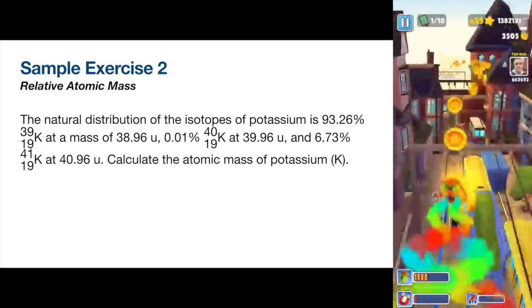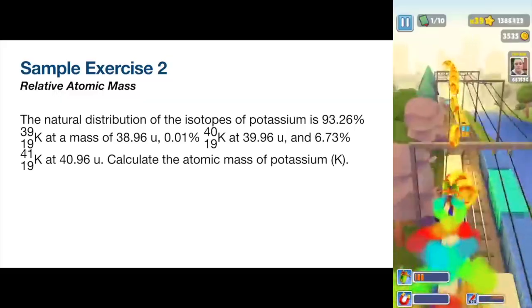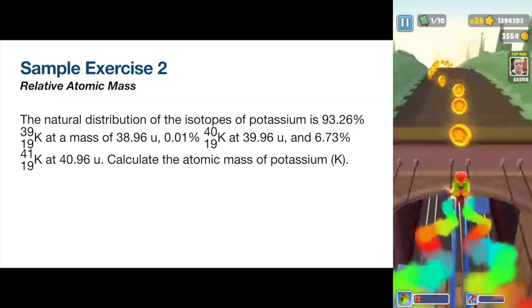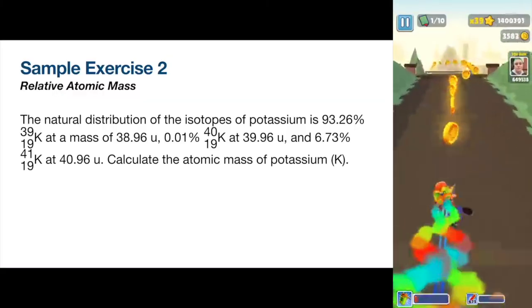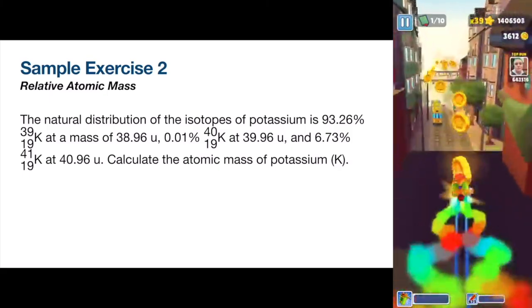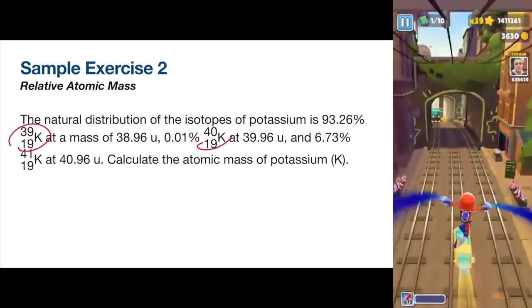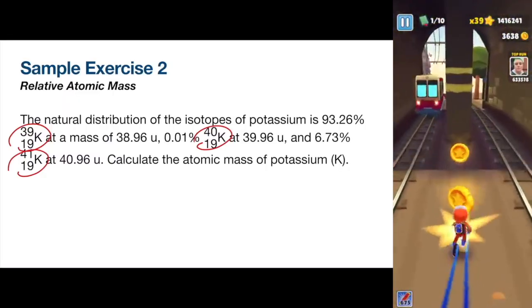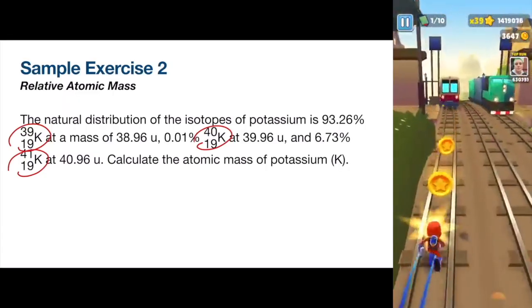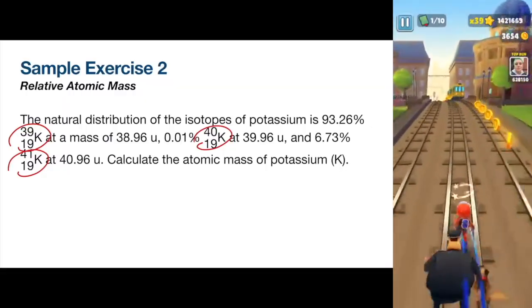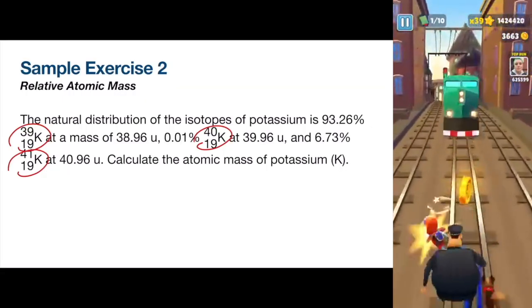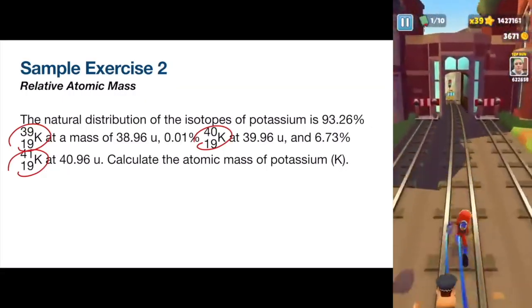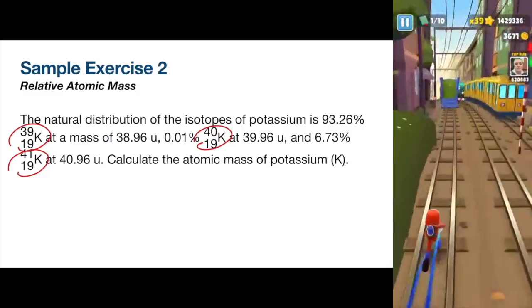Calculate the atomic mass of potassium K. So as we can see, this time we have three isotopes: potassium-39, potassium-40, and potassium-41. But the procedure remains the same.